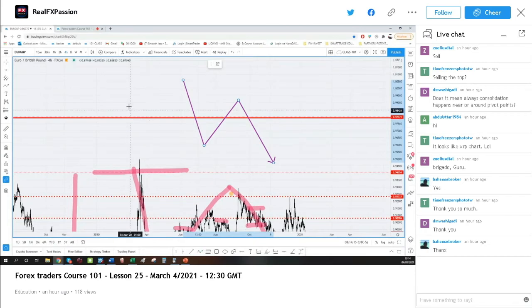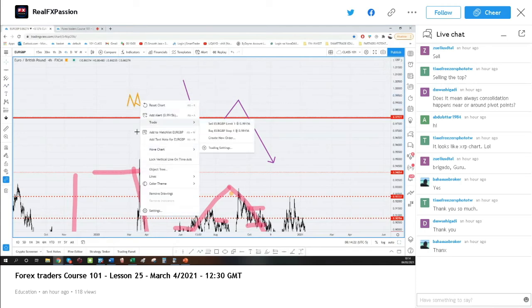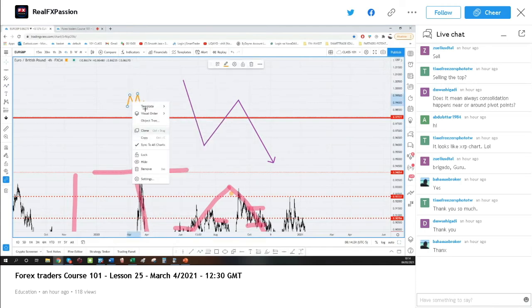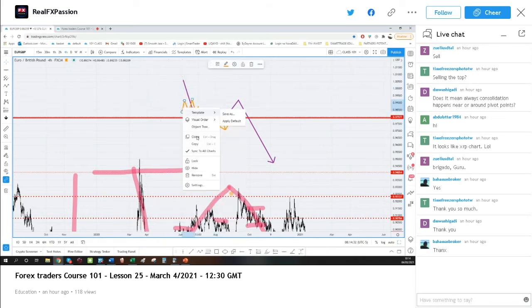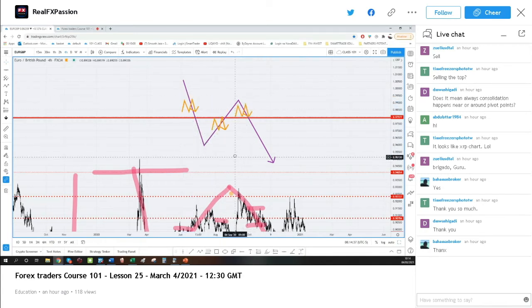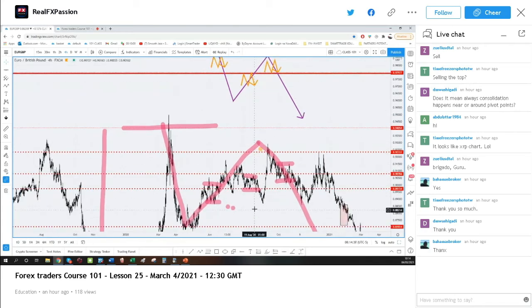And the sideways movement, everybody, change color and clone. The sideways movement would happen here, and here, right? It's the same, just in the opposite direction.